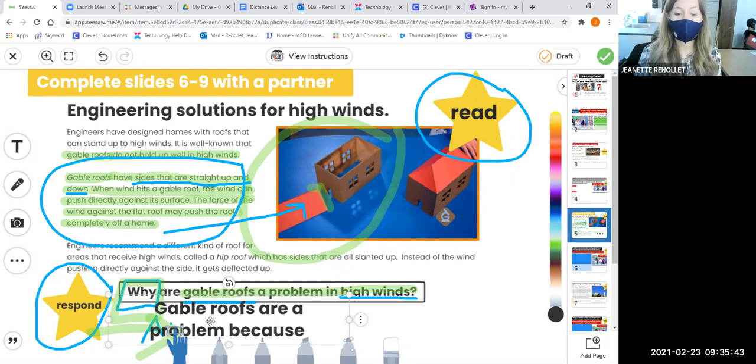So one thing we need to work on in third grade is thinking about our subject. Who or what is your sentence about? My sentence is about gable roofs. Gable roofs are a problem because, now I'm going to finish using text evidence.